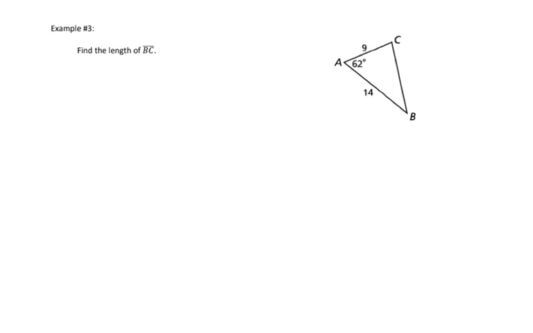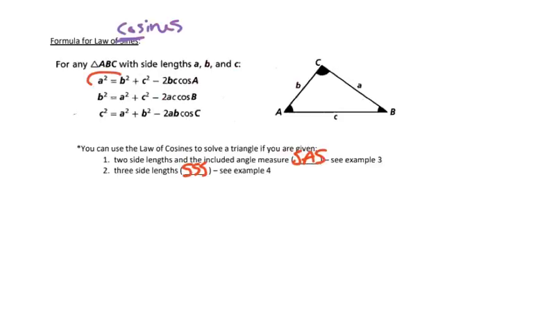Again, we're trying to find this side length over here, BC. And in order to get that, we have B, we have C, and we have angle A. So looking at our formulas, that means we're going to use this one, right?